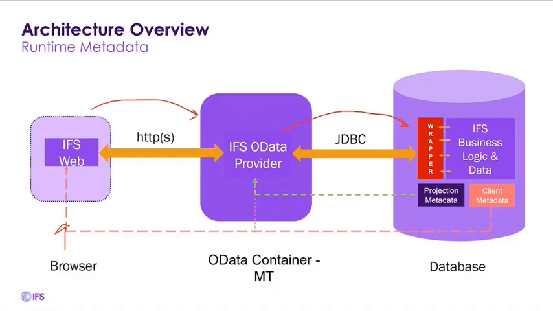Right. So what will happen basically is when an HTTP method call is going on as a request, it will be going through the IFS data provider. So this is actually using the projection metadata as I mentioned previously. After that, when we are going through a call or doing the request, those calls will be going through these wrapper classes.